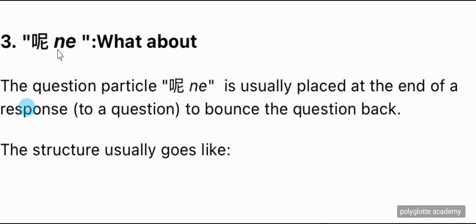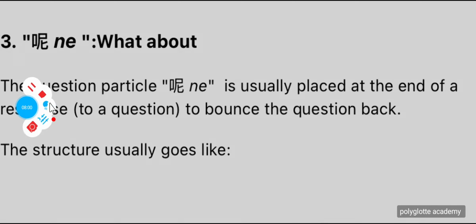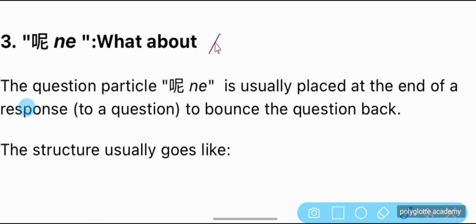We have the third point. The third point is 呢, what about. Like 你呢, what about you. So 呢, the question particle, is usually placed at the end of a response to a question to bounce the question back.